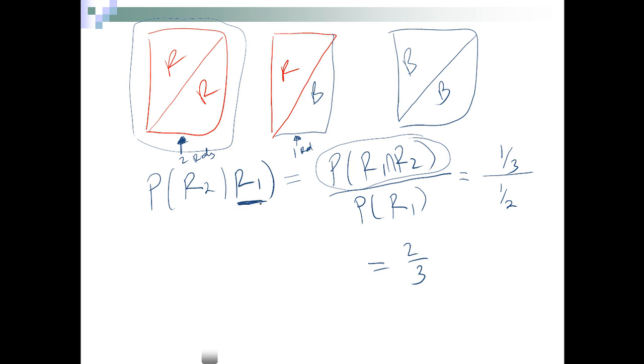So this whole notion of conditional probability is very important because it talks about how we can change our assessment of the probability given that we have some information. And that's something that's very important because we have all sorts of situations where we're given information and we need to incorporate that into our assessment of probability.